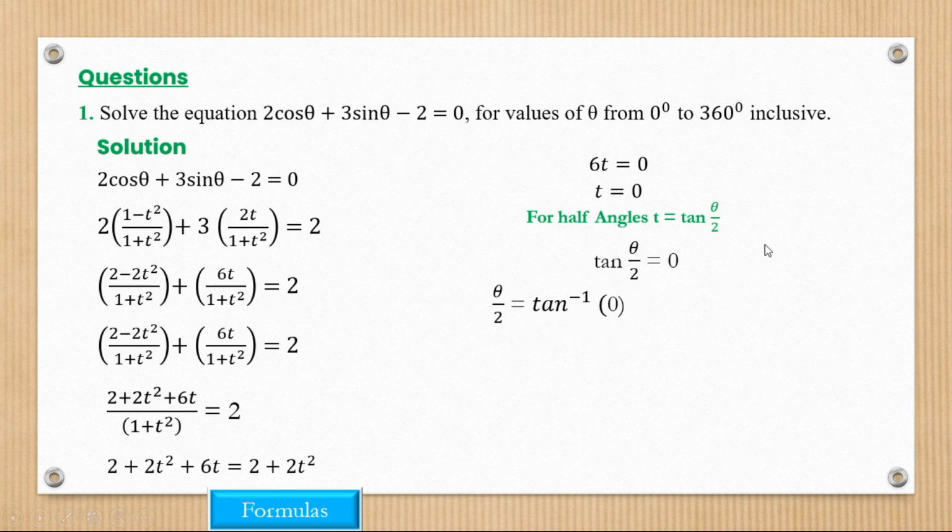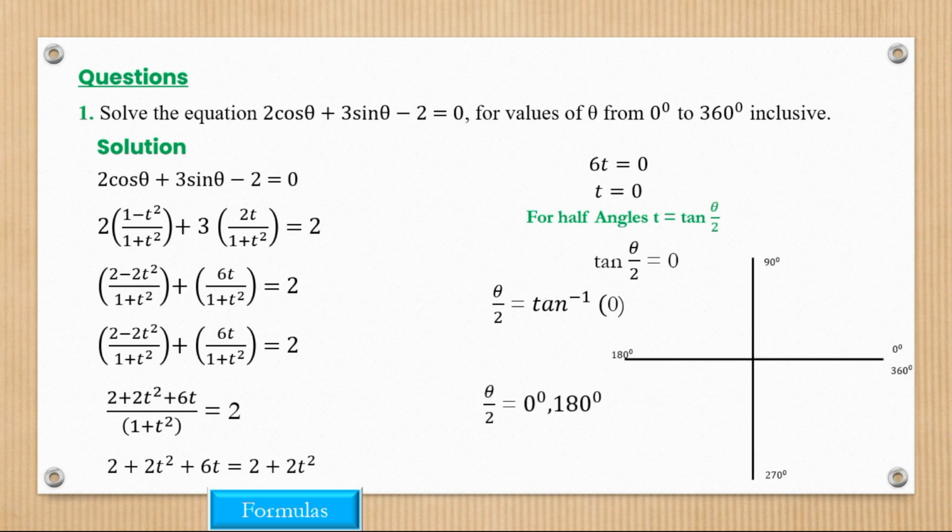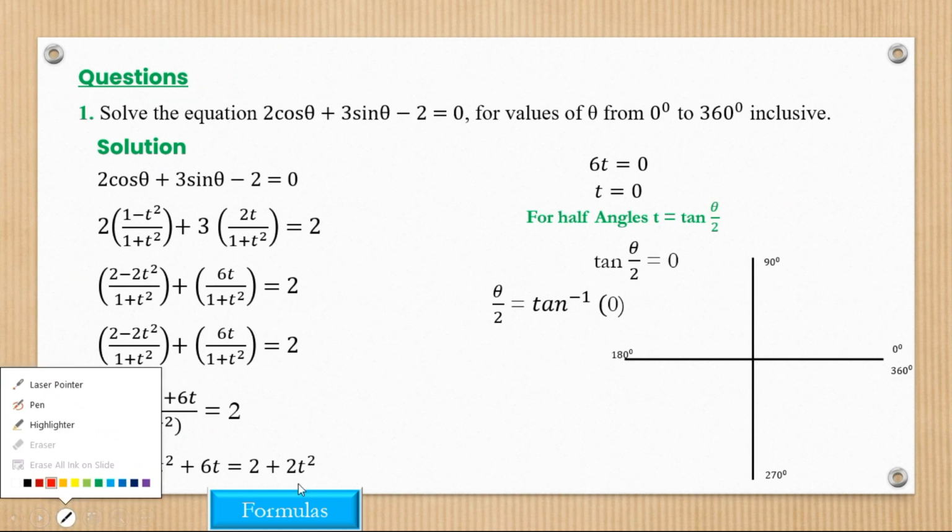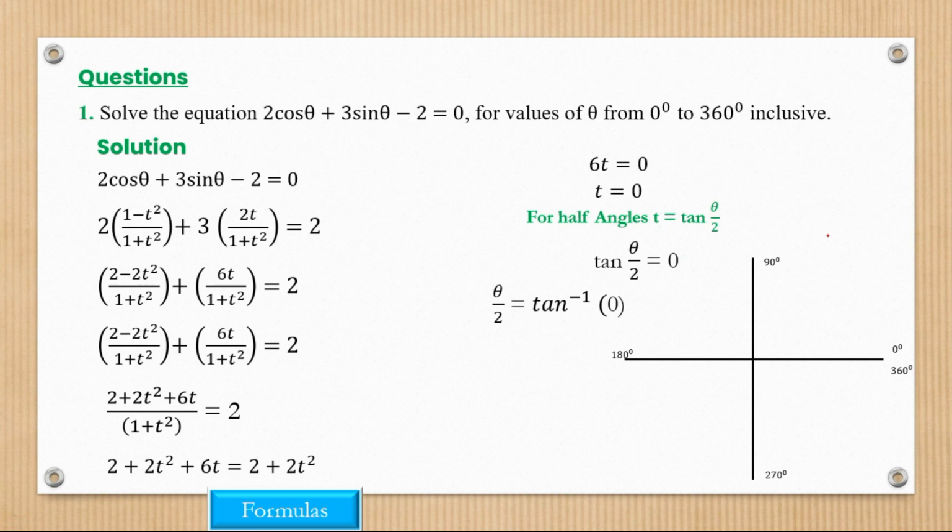So what do we get from tan inverse of 0? Remember, tan inverse of 0 is actually 0. Yes, tan inverse of 0 is 0. So we're going to have a 0 in the region where tan is positive. Tan is positive here and here. So the 0 is exactly on this horizontal line.